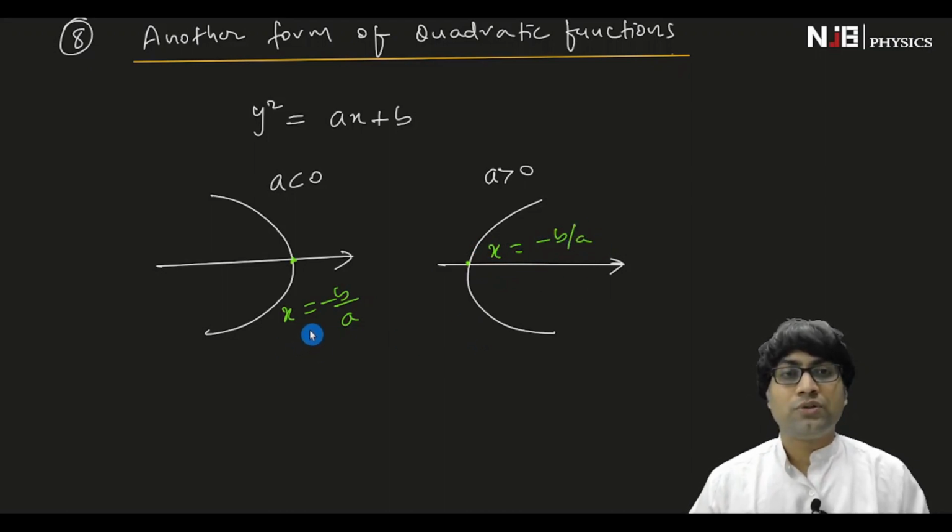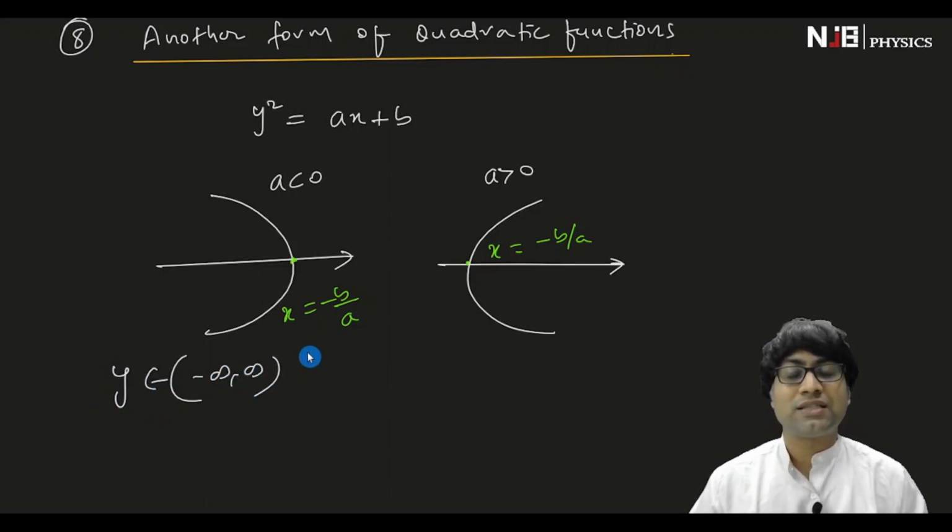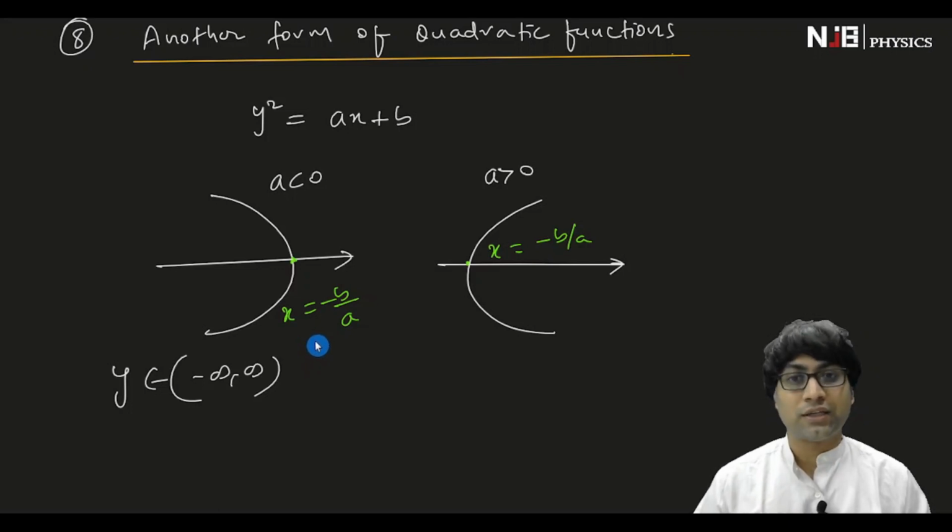Now we can talk about the domain and range of these functions. In the left side of parabola, if we talk about the range, it is going to be from minus infinity to plus infinity, because we can see that y can take any value from minus infinity to plus infinity. Similarly, in the right side, in the concave right parabola, the range is going to be from minus infinity to plus infinity.